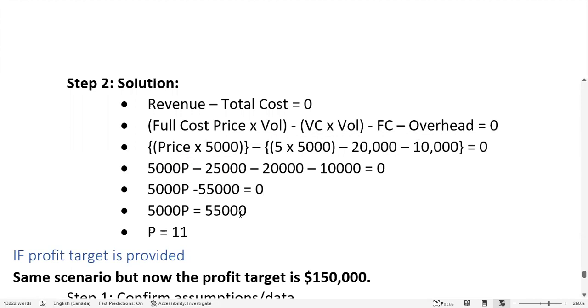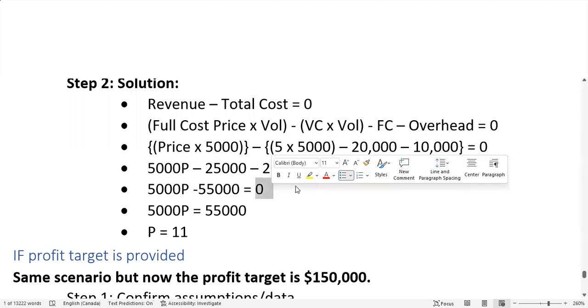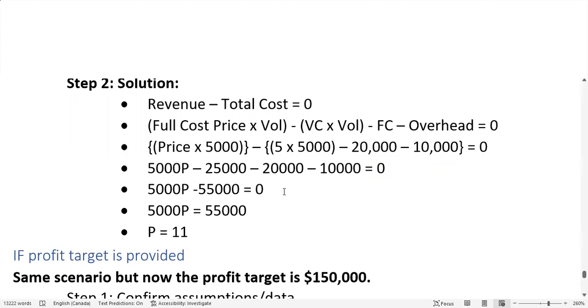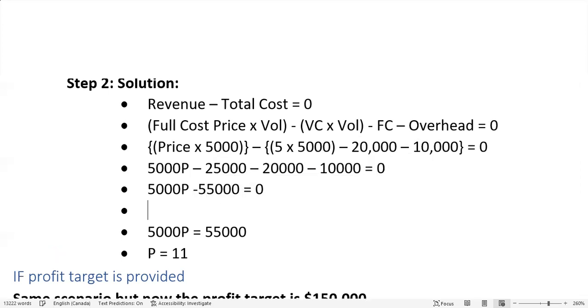Right. Remember, anything you do on the left-hand side of the equation is also something you need to do on the right-hand side of the equation. In this case, we want to transpose the 55,000 to the other side. Or if you want to write it down the long way, it's what you see here.